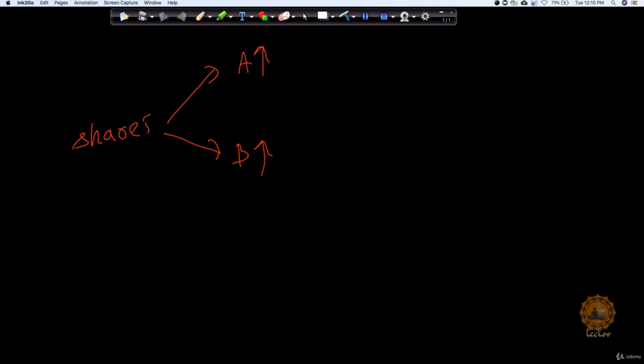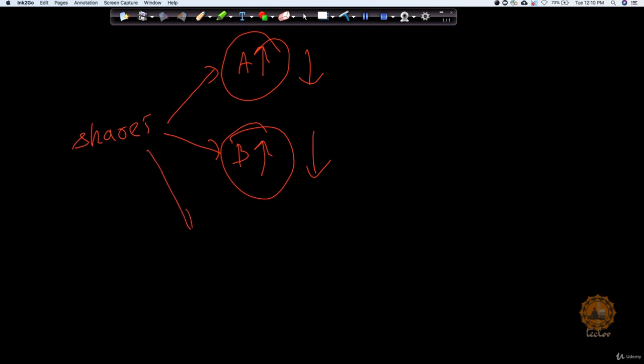In this case, it is always recommended that you should not put your money on both the shares together, because if some loss happens here, you will face the same loss here as well. So it is always suggested to go with a share C which has no correlation with A or B, right? Then you have a diverse portfolio.